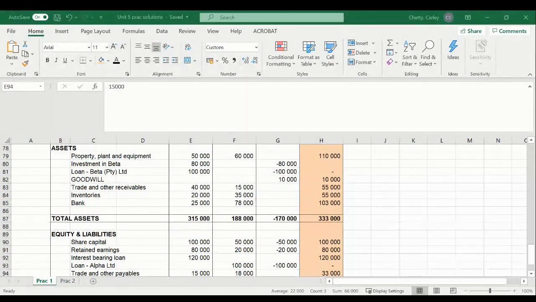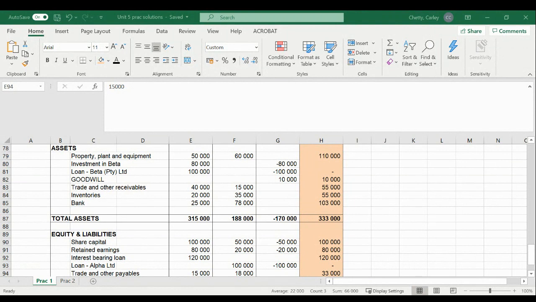If you got the pro forma journal entry wrong, and you went 100,000 plus 50, maybe minus 40, then your answer would be incorrect. But if we can see your workings, then you might get a method mark, okay? So it's best to show your workings as much as possible in a test or exam.